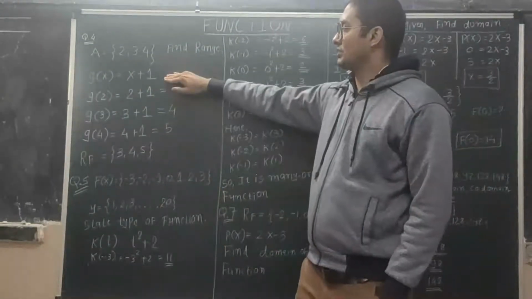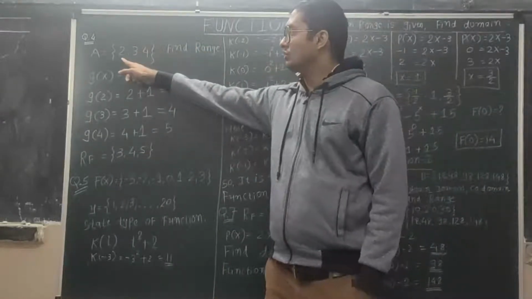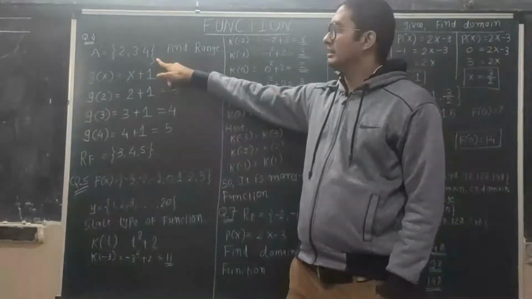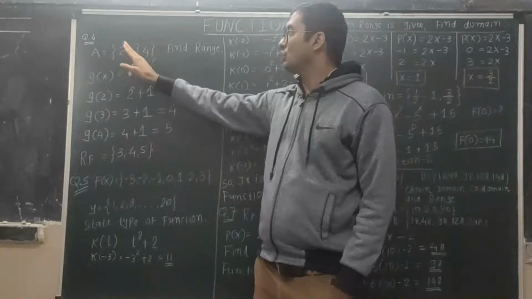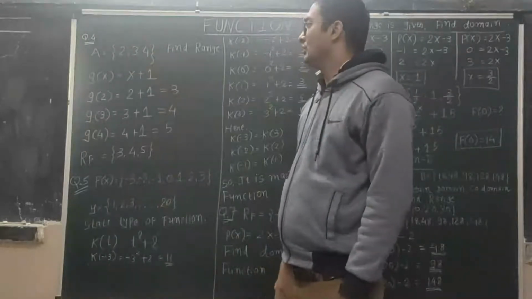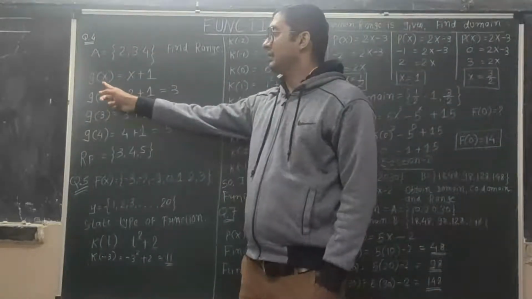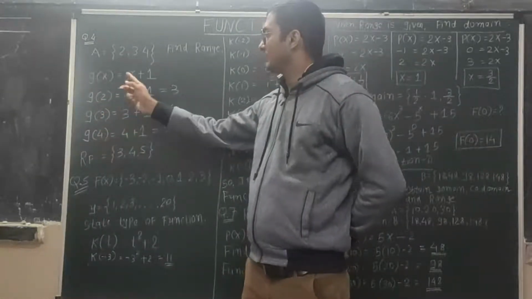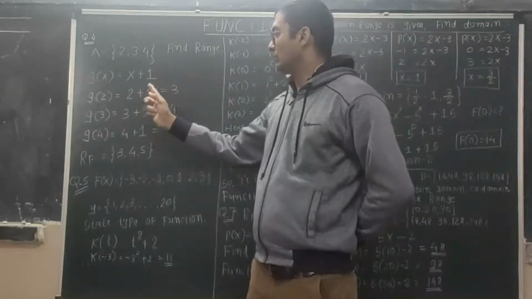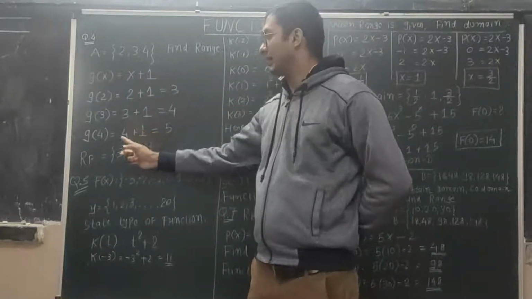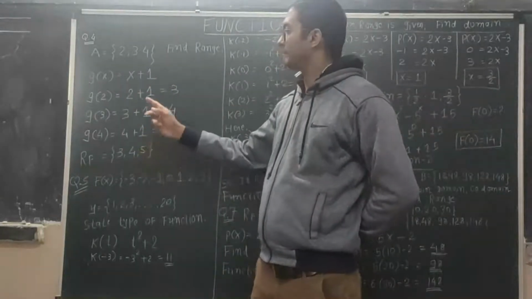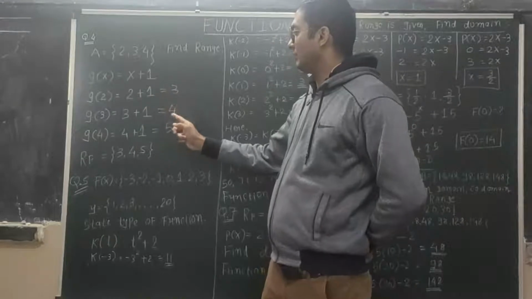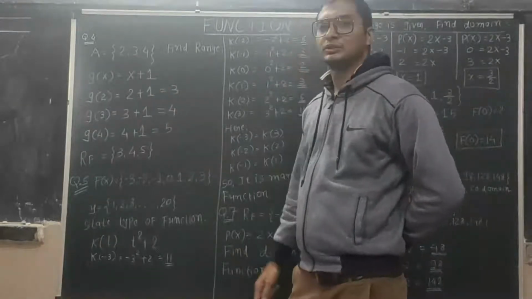In this equation put the values of the domain, which are 2, 3 and 4. Here, instead of x, the values are 2, 3 and 4. Here x plus 1, so 2 plus 1, 3 plus 1 and 4 plus 1 accordingly. The answer is 3, 4 and 5.